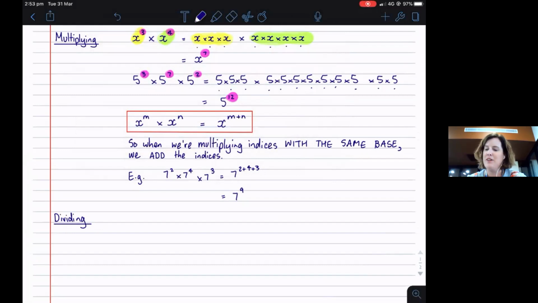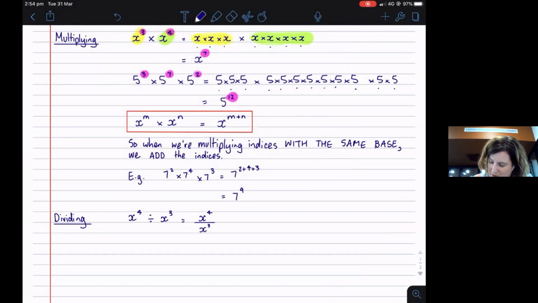This time, for example, if I decided to have x to the 4 divided by x to the 3. So don't forget with division, it's a fraction. So that's the same as x to the 4 over x to the 3.